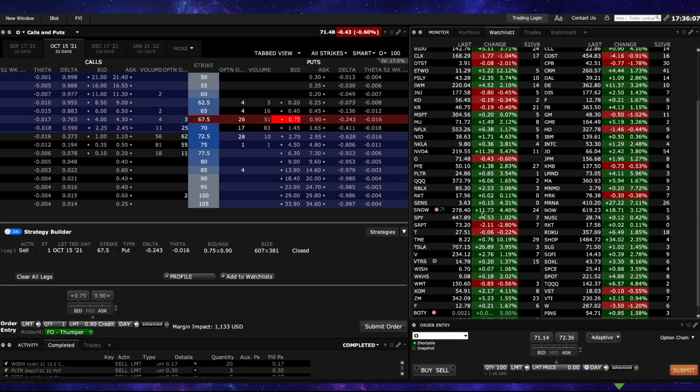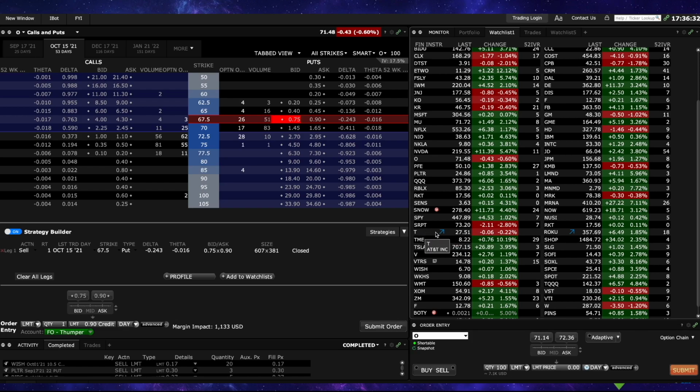And that'd be like a gambler's play right there. So I don't even need to look at Snow on this one. SRPT. When SRPT gets back down to like 65, it might be a play that I might buy a call on. So buying some premium on that if it drops back down. It seems to be swinging from 65 to 85 pretty frequently. But I'll wait until it comes back down.